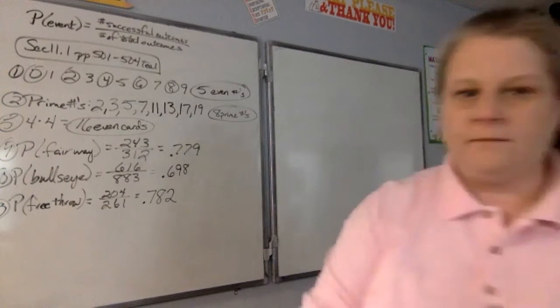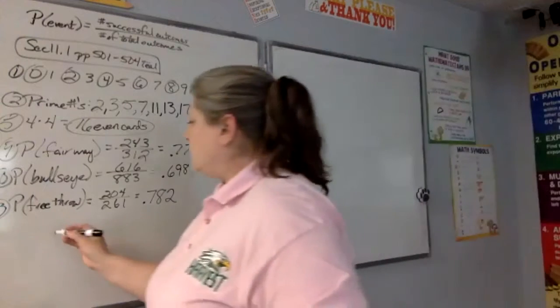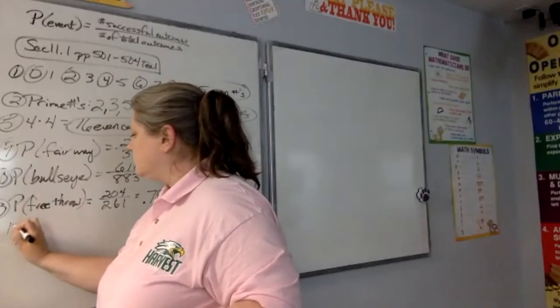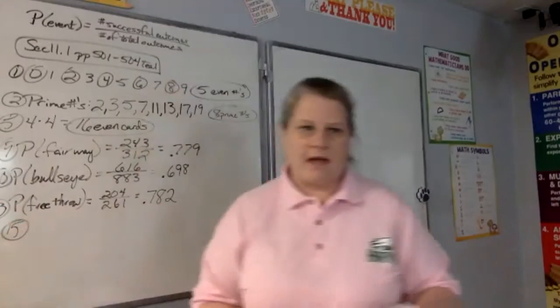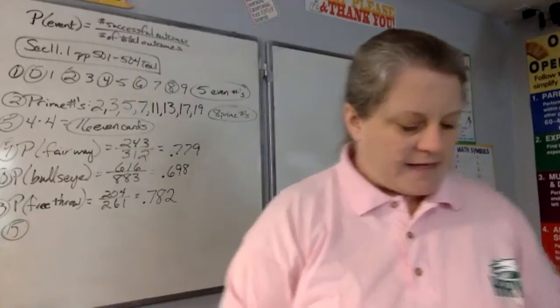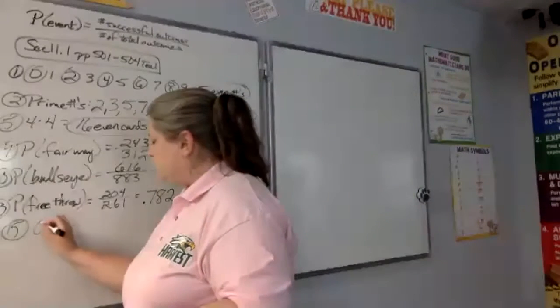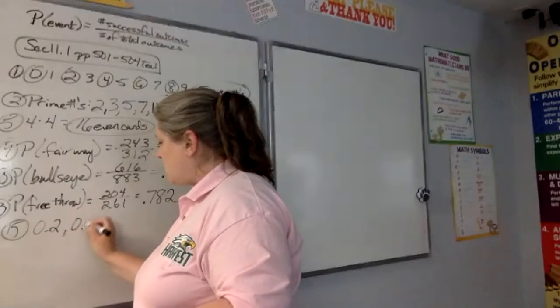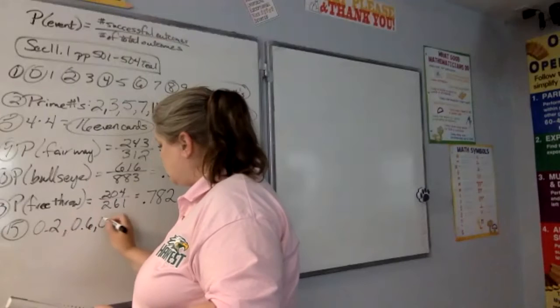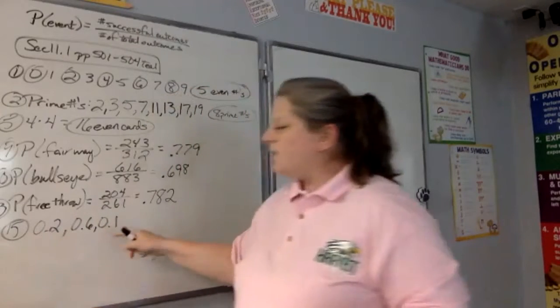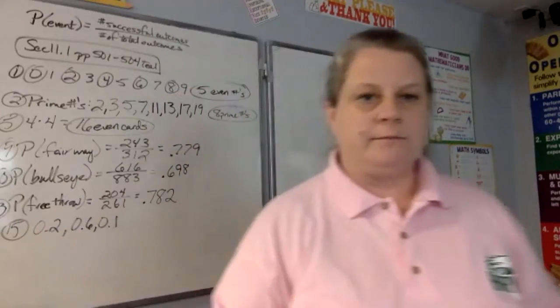So for number 15, it says you've got 0.2, 0.6, and 0.1. Are all of those between 0 and 1?